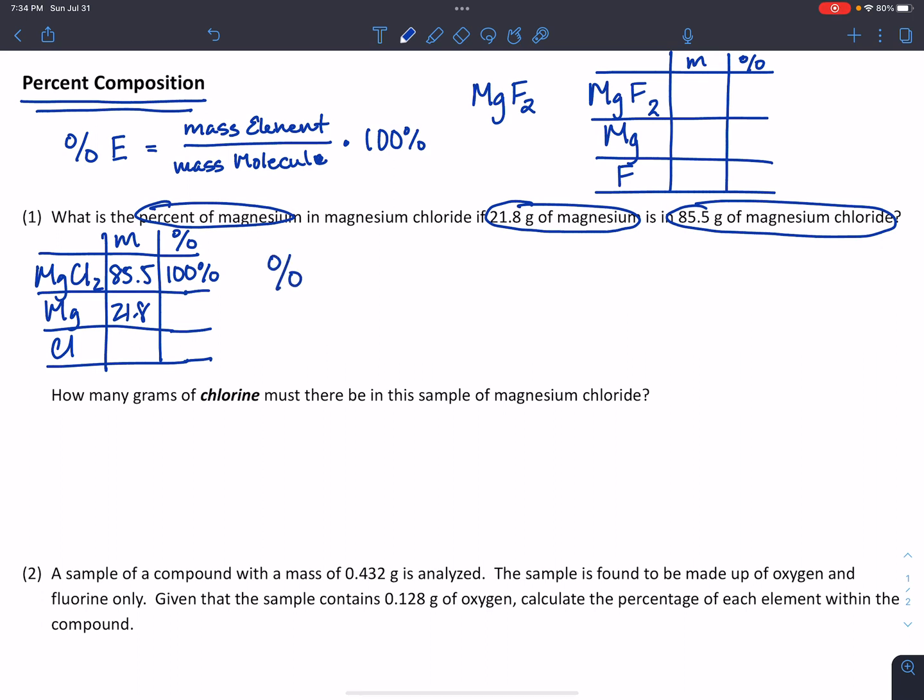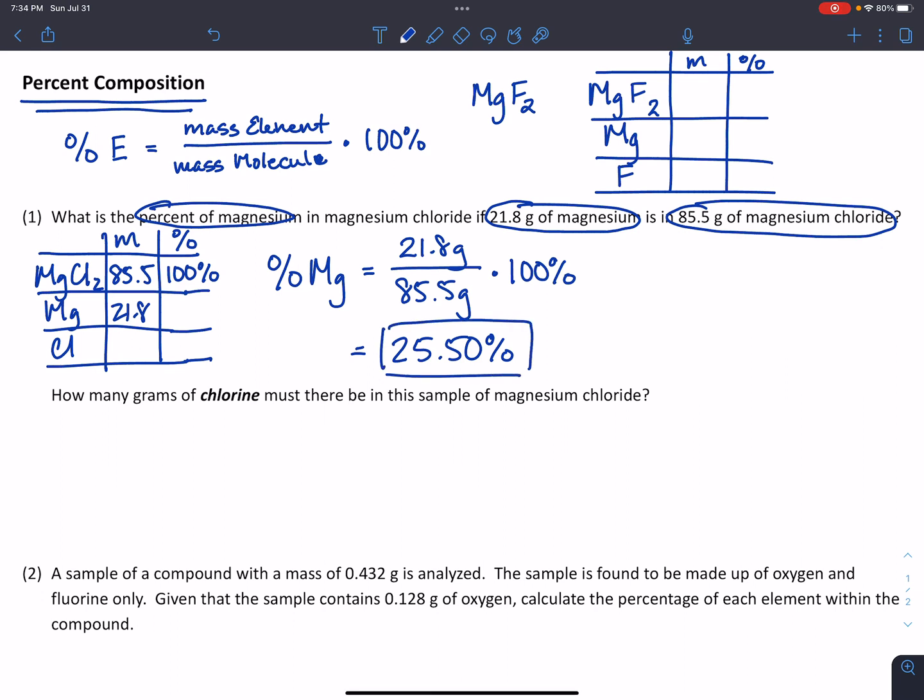All right, so our percent of magnesium is going to be equal to our mass of magnesium, which is 21.8 grams, divided by the mass of the whole compound, which is 85.5 grams, and then I'll be multiplying that by 100%. All right, so if I get out my calculator, I say 21.8 divided by 85.5, and then I multiply that by 100, and I find that my percentage of magnesium within this compound is 25.50%.